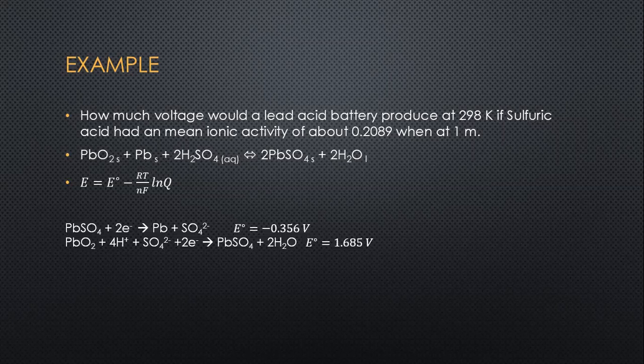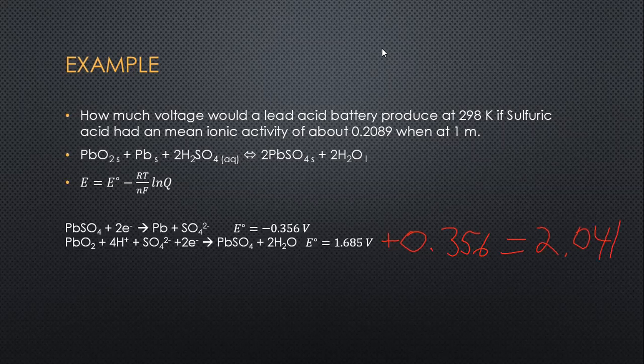The lead sulfate is opposite as written, so you flip the sign and add them, so add on 0.356. So you're going to say 1.685 plus 0.356, flip the sign. The E standard is 2.041.